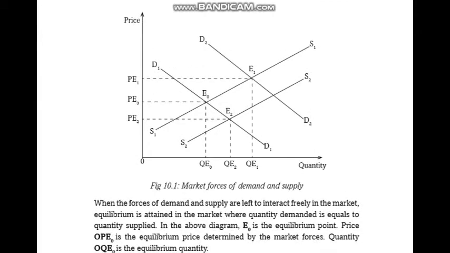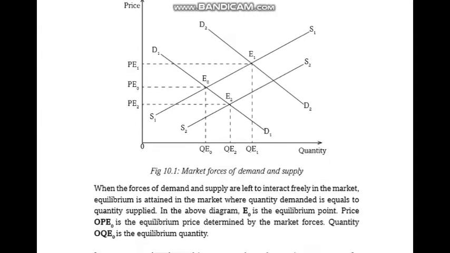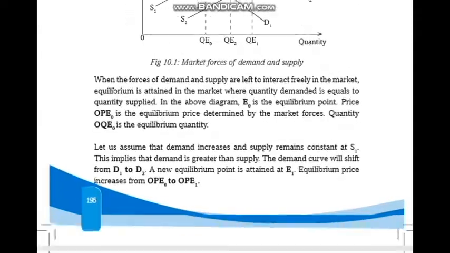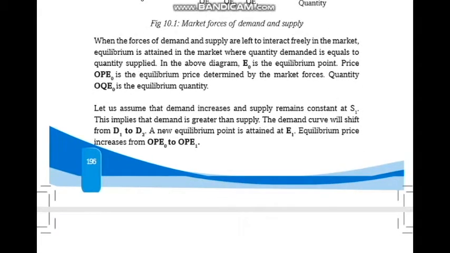As you observe this graph well, when the forces of demand and supply are left to interact freely in the market, equilibrium is attained where quantity demanded is equal to quantity supplied. So we have seen it in equilibrium. In the above diagram, E0 is the equilibrium point.